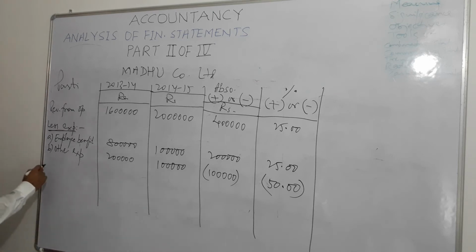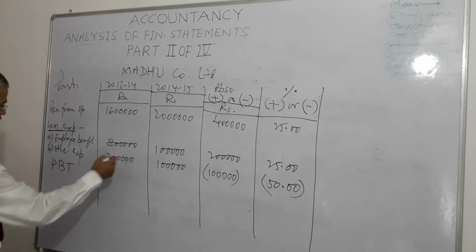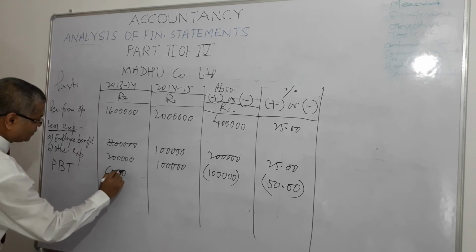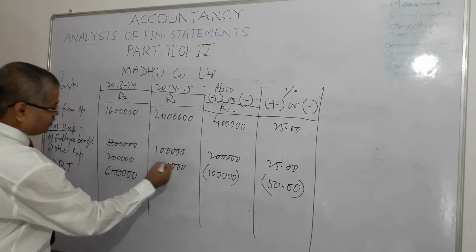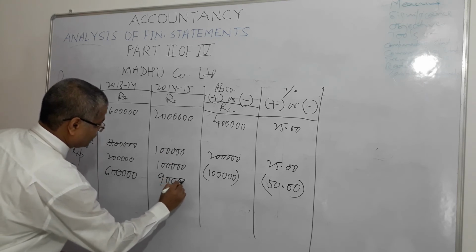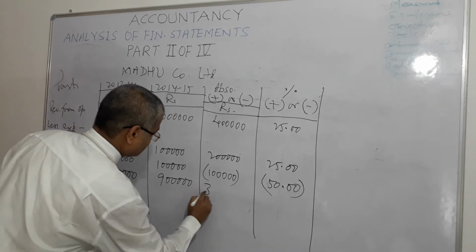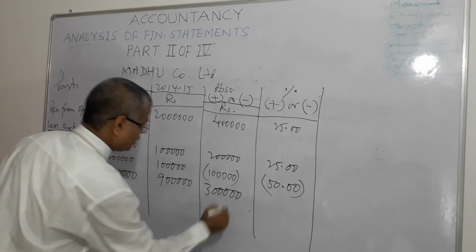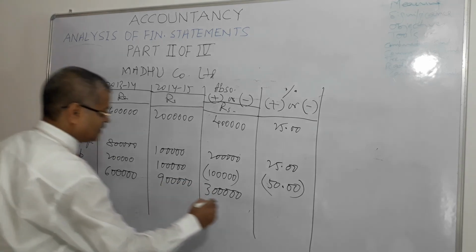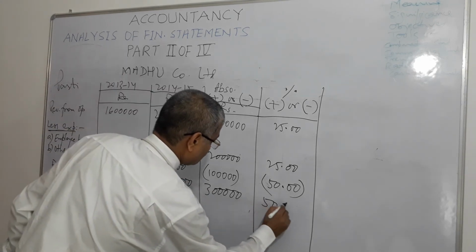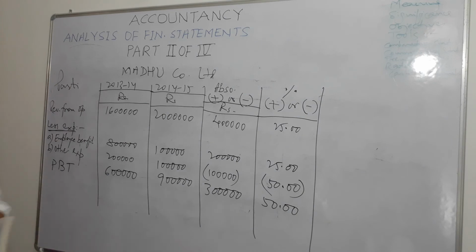What is our PBT, profit before tax? 16 lakhs minus this 10 lakhs, 6 lakhs. 20 lakhs minus 11 lakhs, 9 lakhs. So from 6 it has gone to 9. There is an absolute increase of 3 lakhs. 3 lakhs as a percentage of 6 lakhs, 50%, right?